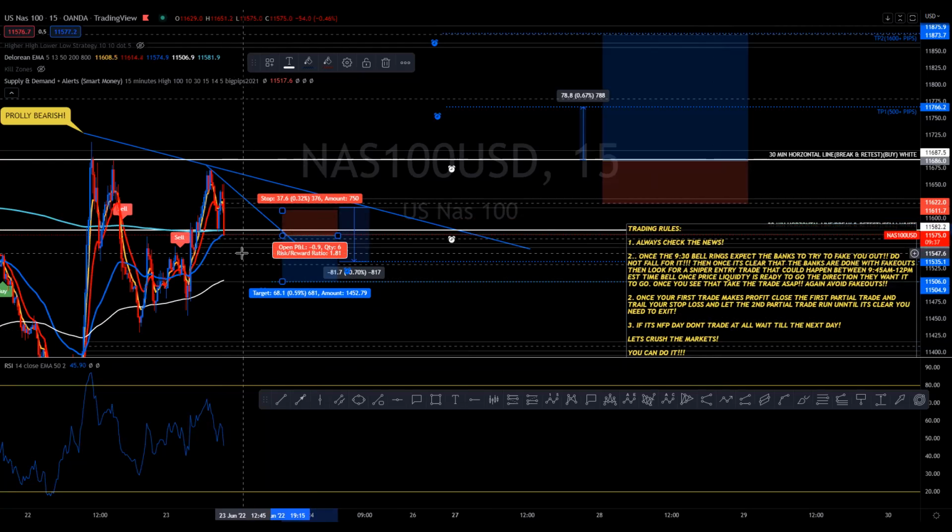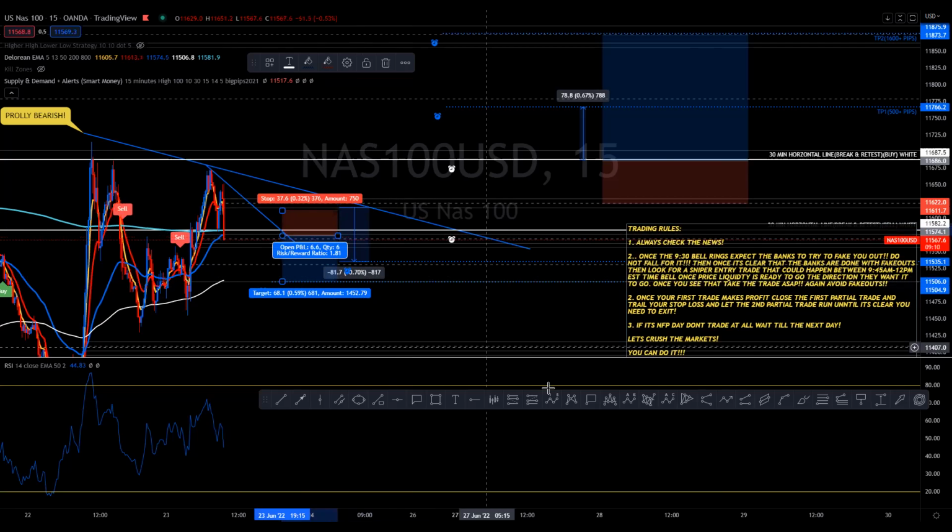Hold on. Yeah, see that wick? And now it's pushing. See, they're trying to stop everybody out with their stop losses. Okay, now it looks like it might be pushing. All right, let me go in for the sell and see what happens. Hope they didn't bust me out. It's dropping.